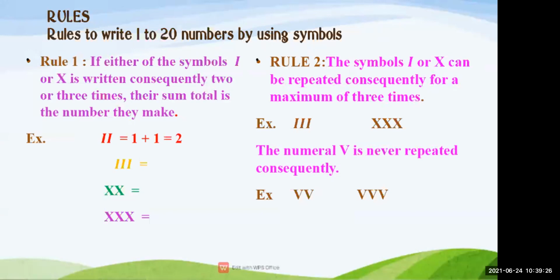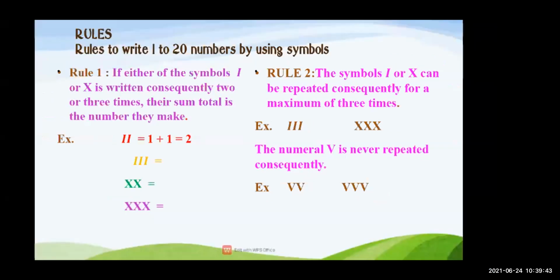So the second rule is telling that the symbol I or X we can repeat consecutively for how many maximum times? Maximum 3 times. See, your examples are also written. First, I is given 3 times, and then X is given 3 times.